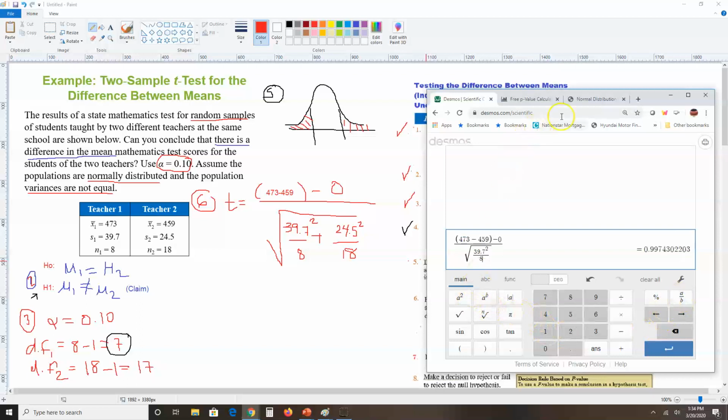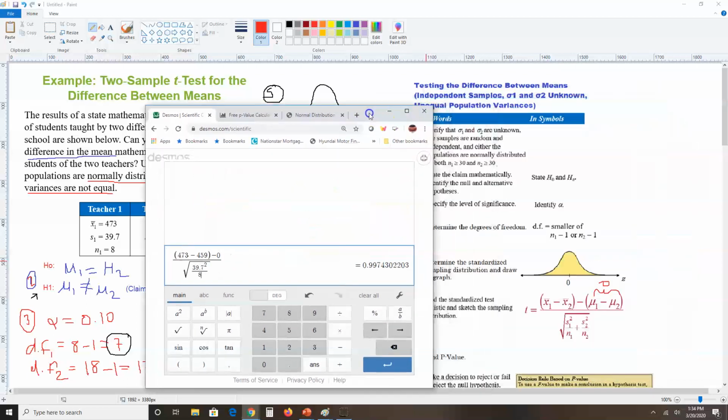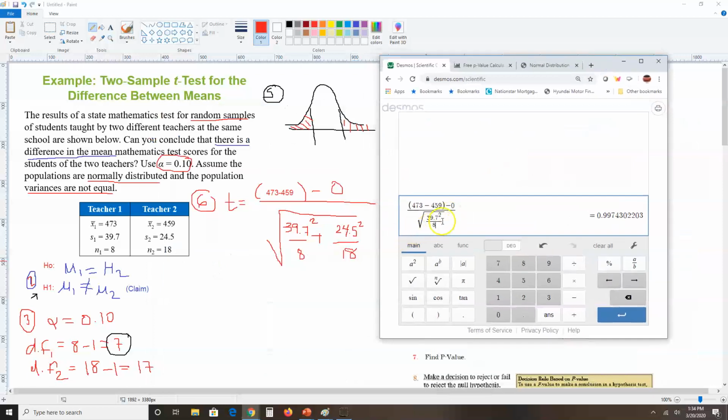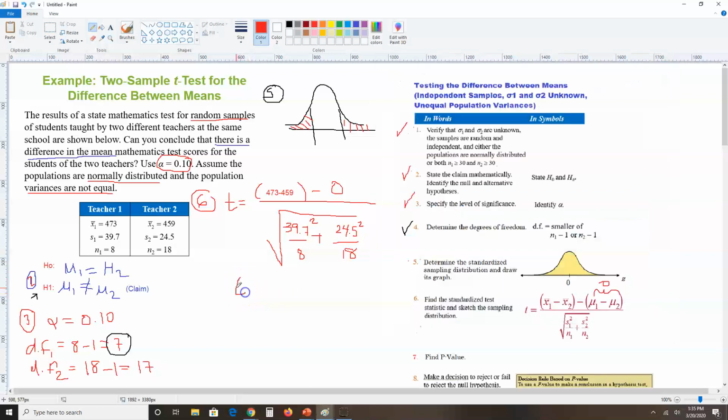Okay, let me make sure I'm typing the formula correctly. Yes, I am. And then plus, the fraction first, 24.5 square, over 18. And you can see my t value. T scores and z scores, you always use 2 decimal places, so my t is 0.92.